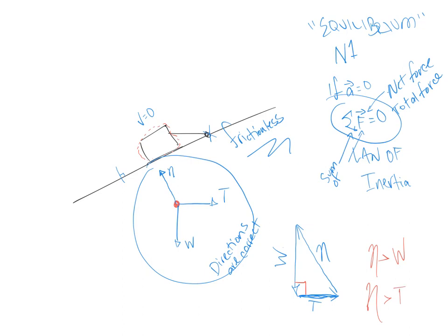Now, unless you know this angle, you can't figure out if weight is bigger than tension or tension is bigger than weight. At a 45-degree angle, this will make a 45-45-90 triangle, and weight and tension will be exactly equal at that angle only.